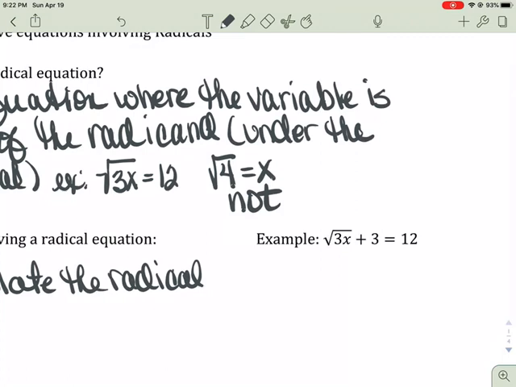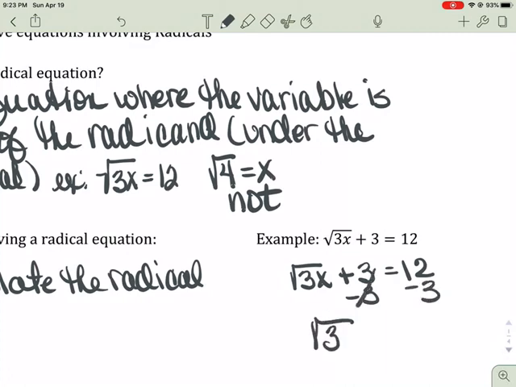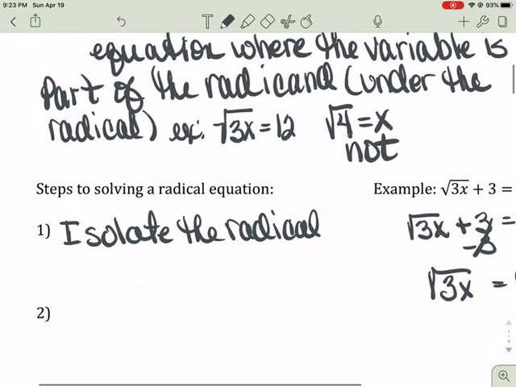So you have to think of your solving techniques to get that by itself. In this particular case, I'm going to subtract 3 from both sides. Now, sometimes we may need to divide. Sometimes we may need to do both. So depending on the problem will determine what process you're going to use. So we have the square root of 3x is equal to 9.